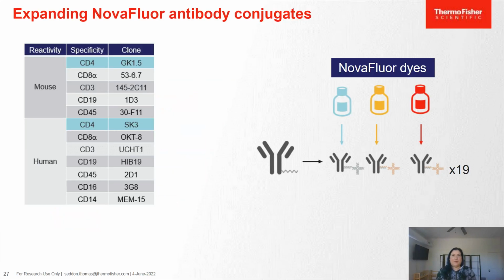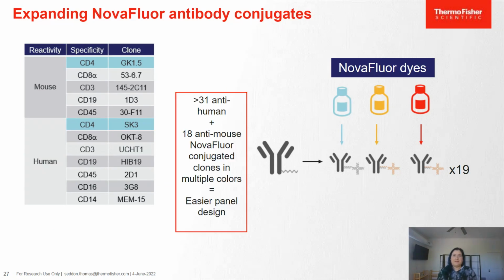We are also continuing to expand the NovaFluor antibody conjugates. This is with the original 19 dyes. We have all of these clones in all of these dyes. And this is actually out of date. I think we've reached greater than 100 clones at this point in terms of NovaFluor conjugated antibodies.